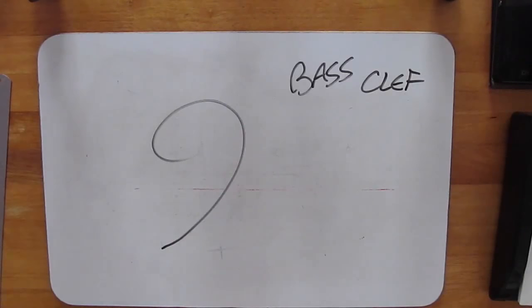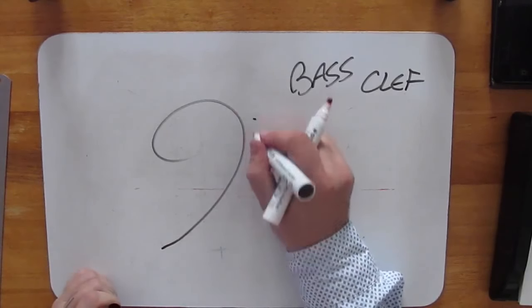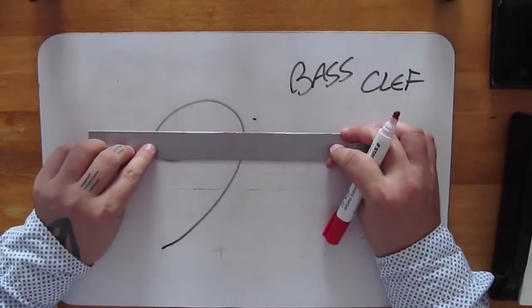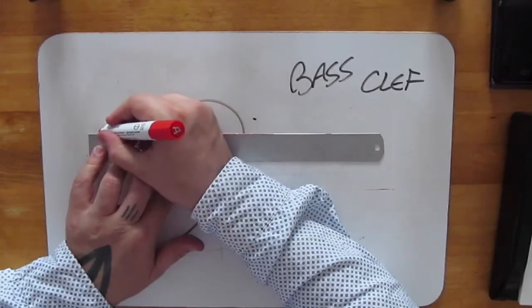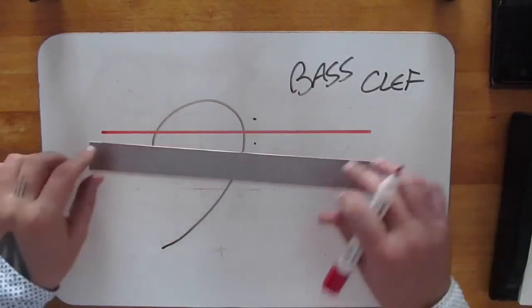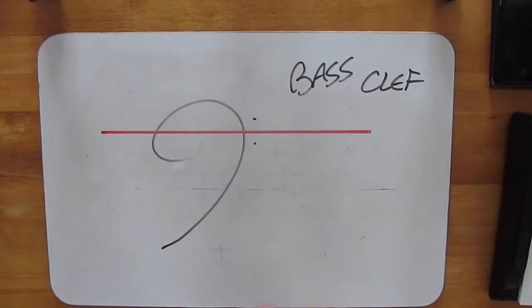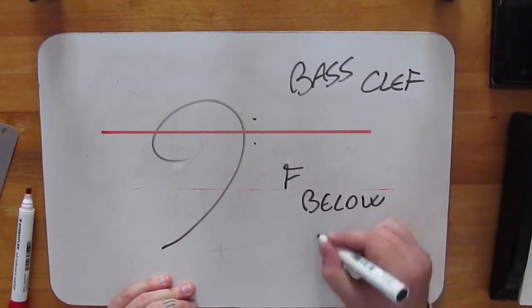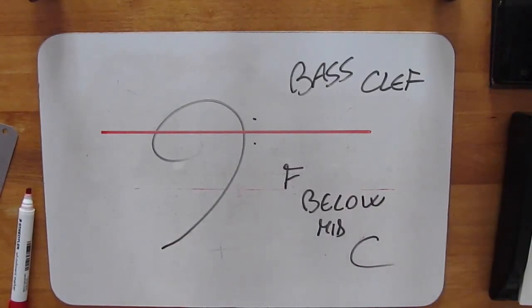The job of the bass clef is to define another note. The job of the bass clef is to define F below middle C. The F below middle C. That's the bass clef. So let's have a look.